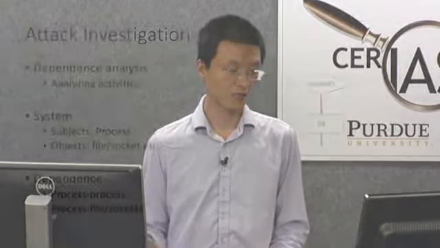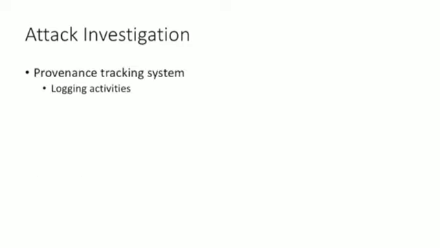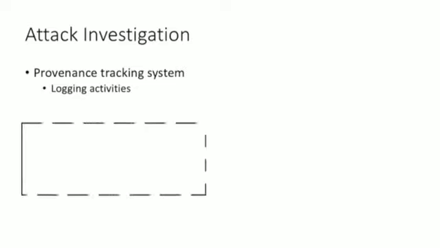And a causal graph will look like this. The edges represent the causal relationships, and the nodes represent the system objects or subjects. We use different shapes to represent different types: a socket is a diamond, and a process is a triangle. And here is an overview.